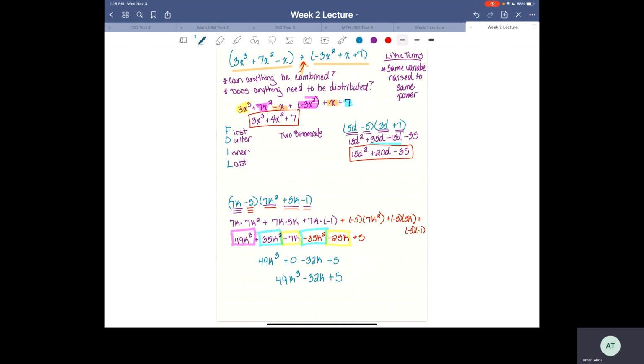You can have a trinomial plus a trinomial. You can have a FOIL situation, or where you're multiplying a binomial times a trinomial. All of these are simplifying. We are putting things together. We're trying to get them into their simplest form, where everything that needs to be combined is combined.